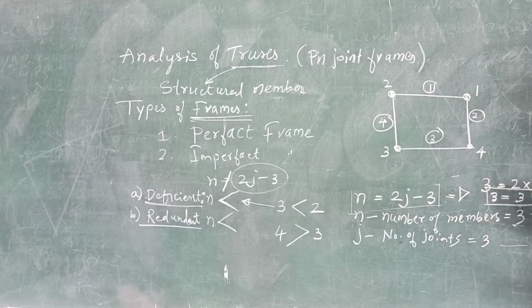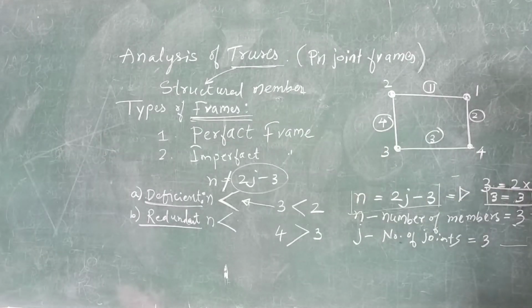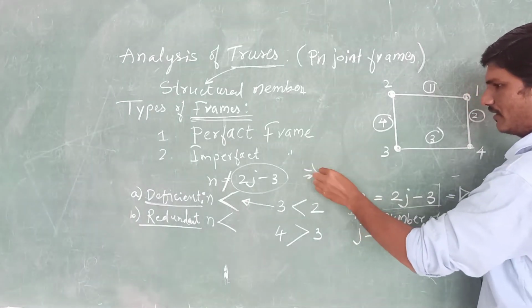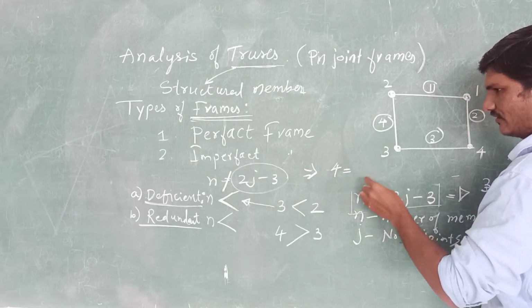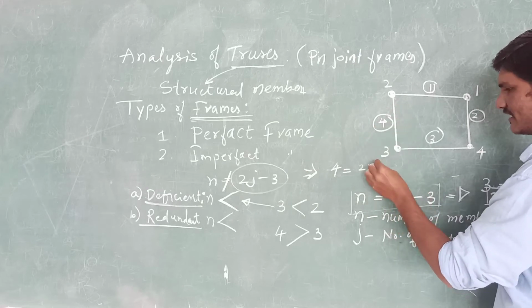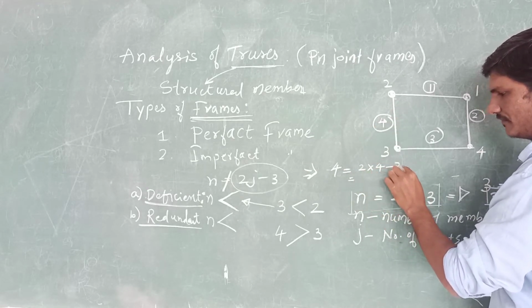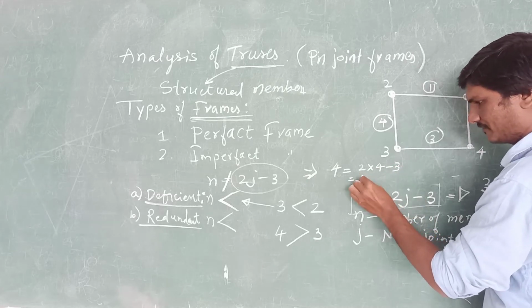So both are equal, right? After substituting, let us see whether it is in equilibrium or in an imperfect condition. So we'll substitute here. Number of members 4 is equal to 2j minus 3, so 2 into j, where j is the number of joints, 4, minus 3. So it is 4 into 2, 8. 8 minus 3, you will get 5.